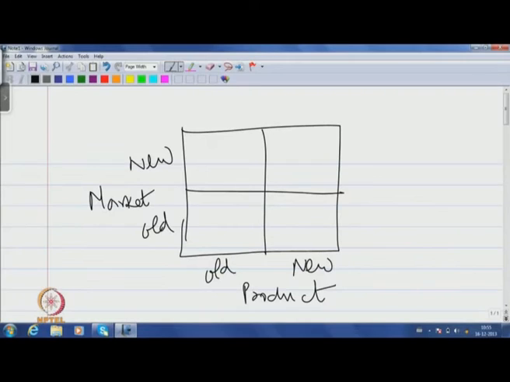So, you could do market development, whereby you try to get into new markets using the same product. The third alternative was product development, where for existing markets you could develop new products. This was product development, this was market development, and this was market penetration.